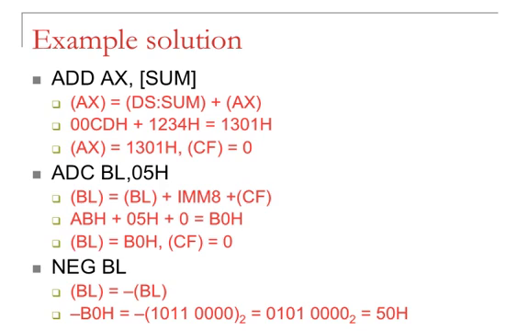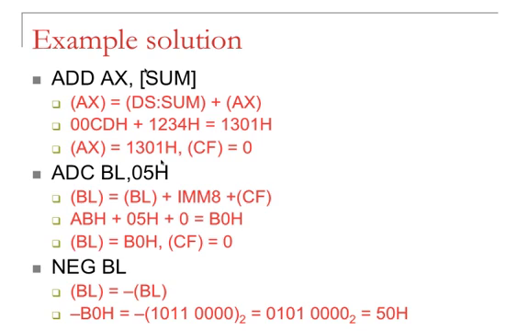The next instruction, ADC BL, 05. ADC is to add with carry bit. So we'll add these two numbers, the content of BL with this immediate value 05, and the value of this carry flag.